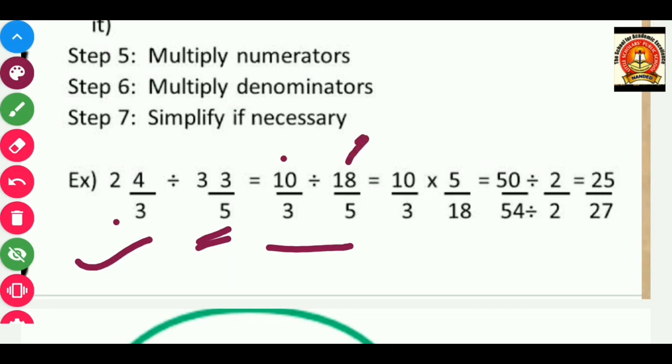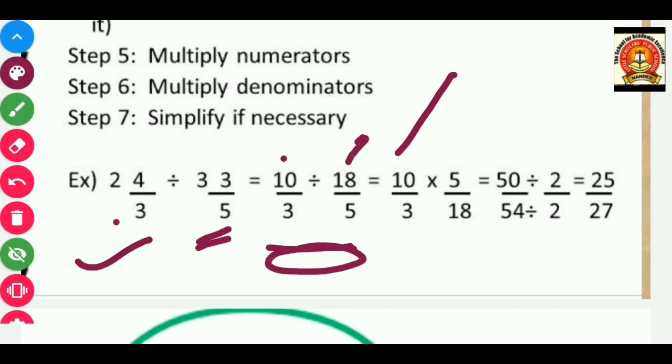Now this is a very important stage. At this stage you will get two fractions, 10 upon 3 divided by 18 upon 5. Now keep the first fraction as it is, and change the division sign into multiplication. That is, you have removed the division sign and given the multiplication sign.